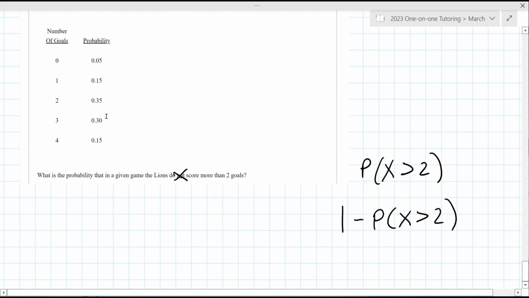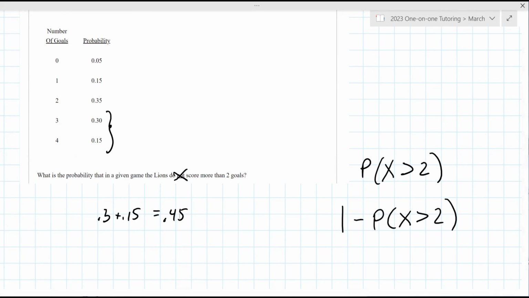So greater than 2 does not include 2. Greater than 2 includes 3 and 4. So we're basically asking for the sum of those two probabilities. We're just adding up those numbers, 0.3 and 0.15, and that's 0.45 there.